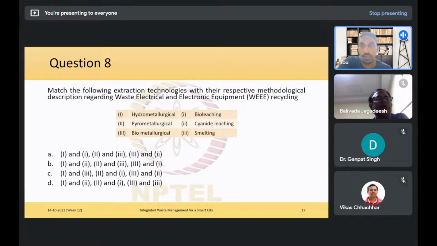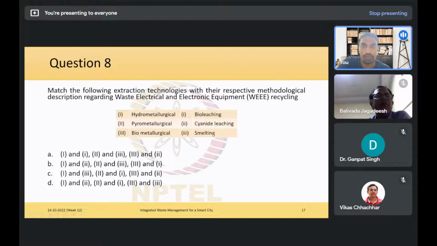Okay. So question 8 is, match the following extraction technologies. So we have three of them with their respective methodological description regarding waste electrical and electronic equipment recycling. Right. So we have options: hydrometallurgical technology, pyrometallurgical process, and biometallurgical process. So we need to match that with bioleaching, cyanide leaching, melting.